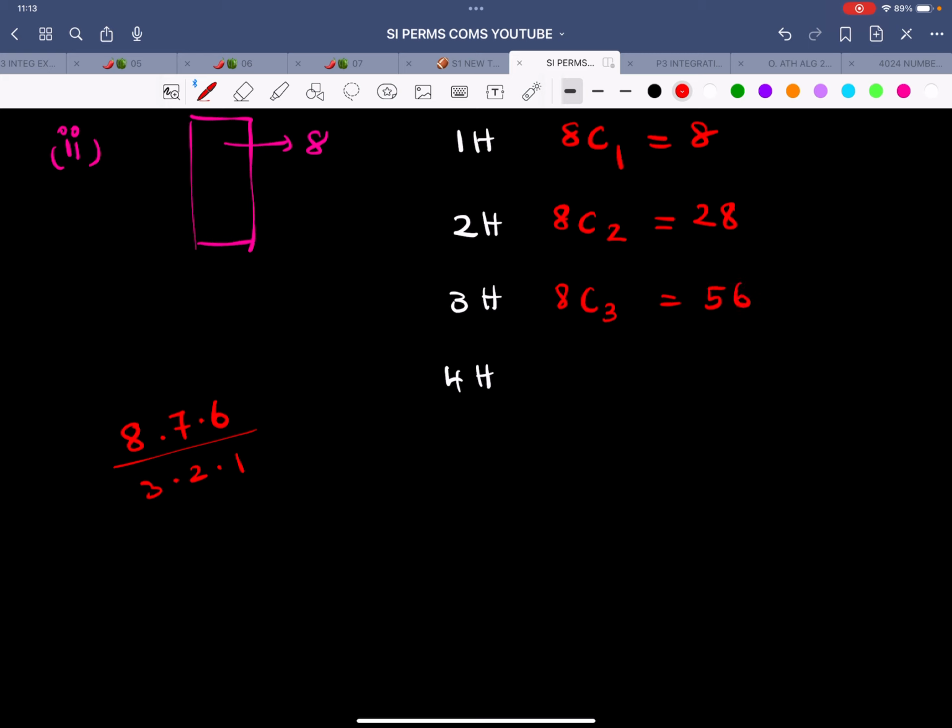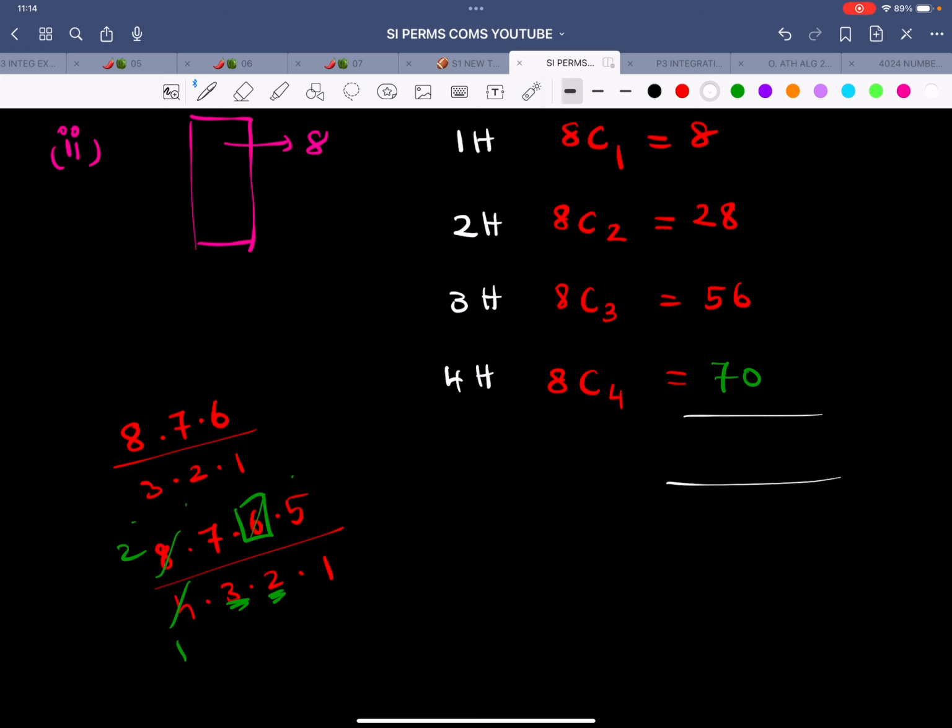And let me evaluate 8C4, that is 8, 7, 6, 5 over 4, 3, 2, 1. Let me cancel out the 6 with 3 and 2, and 4 twos are 8. So 2 into 7 is 14, 14 into 5 is 70. That's how I do my calculation.